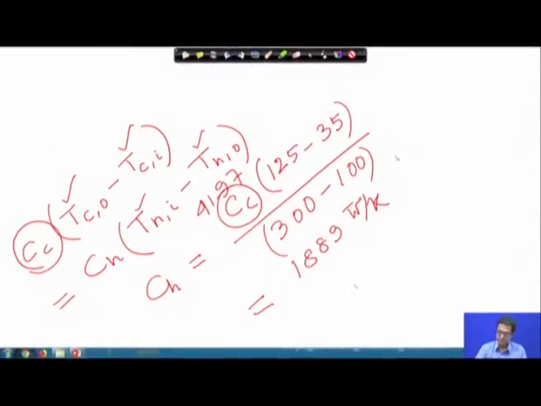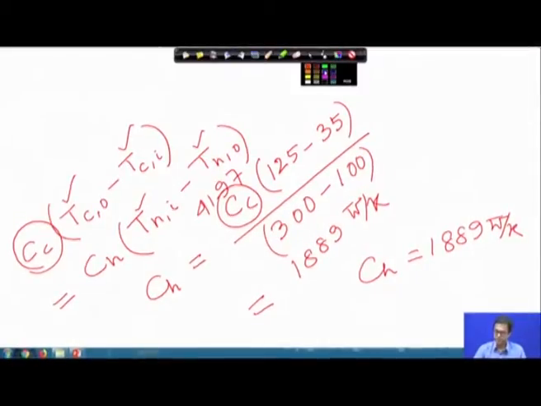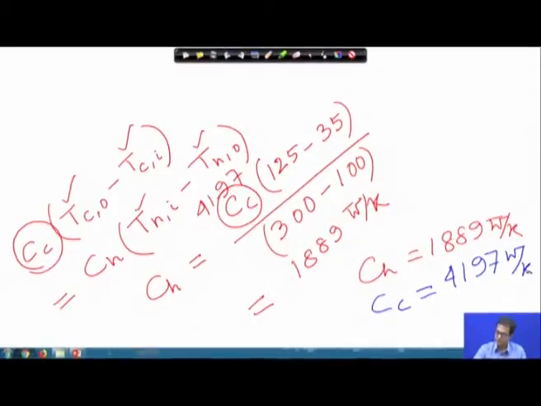So, Ch we know to be 1889 watt per Kelvin, and we know Cc is equal to 4197 watt per Kelvin.